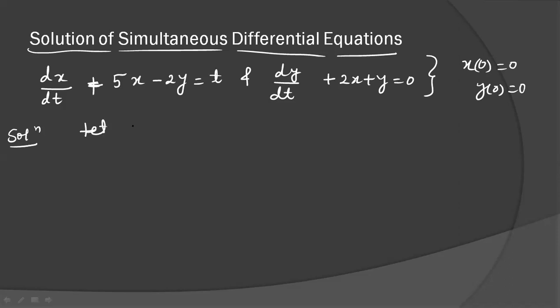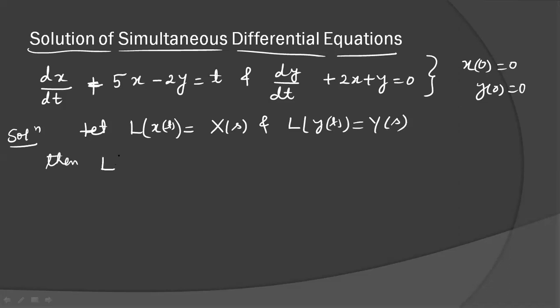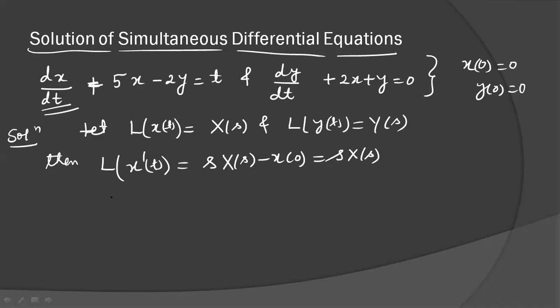Let Laplace of x(t) equal to X(s) and Laplace of y(t) equal to Y(s). Then we know that Laplace of x'(t) is sX(s) minus x(0), but x(0) is given as 0 here, so it will become sX(s).